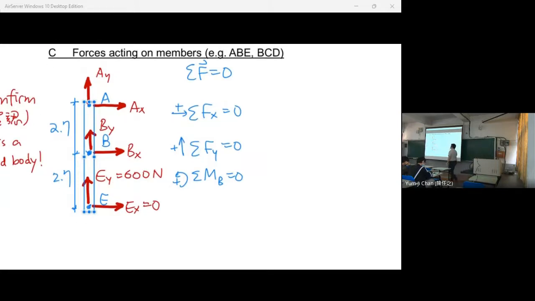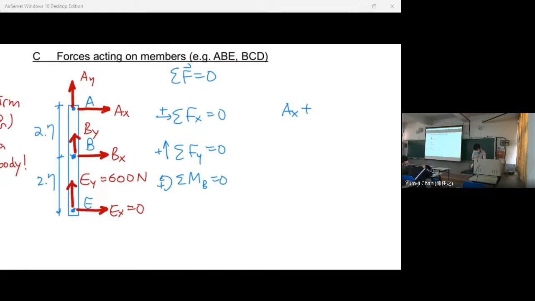In examination, remember you need to write this. I think it is very good to write this. If you write something wrong there, then I still know where your equations come from. Now, for Fx equal to 0, what do we have? We have Ax plus Bx plus 0 equal to 0, right?